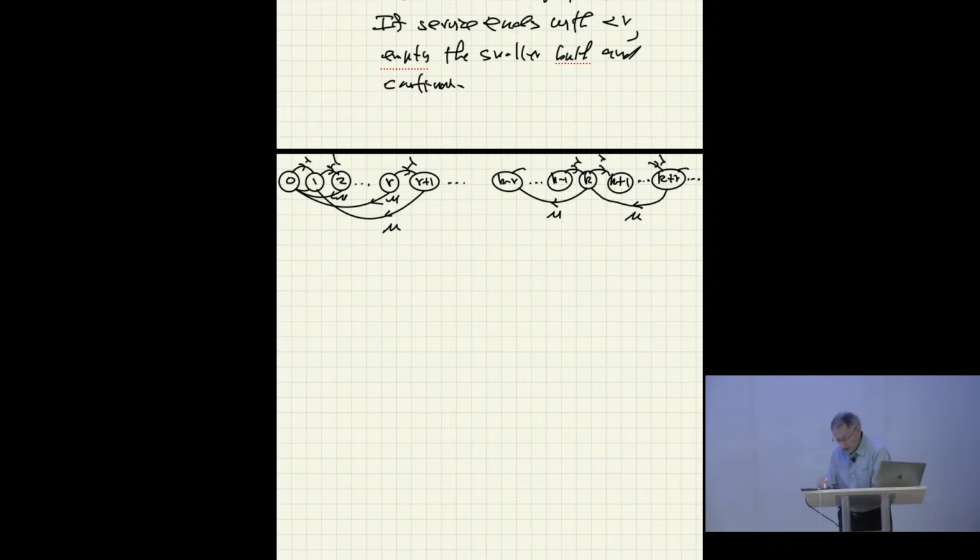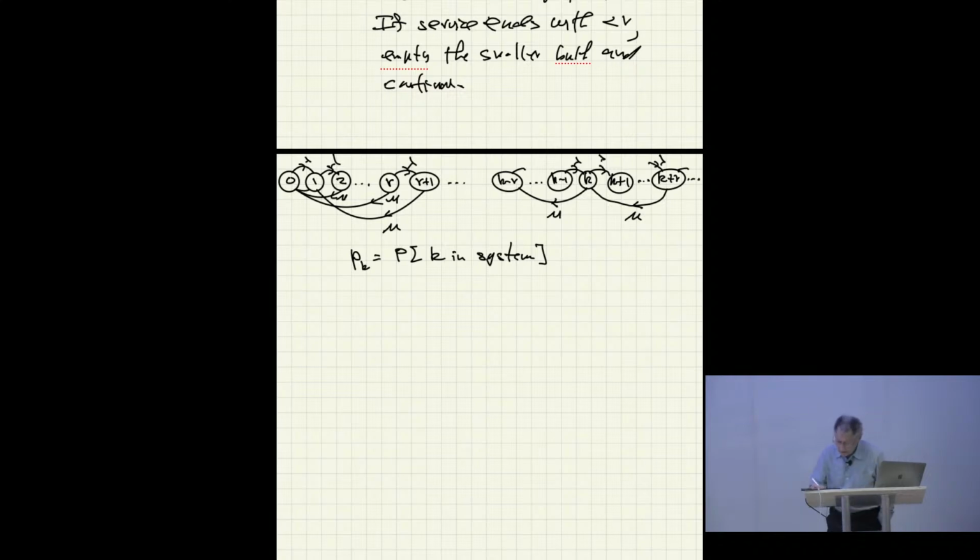Again, you've got to get this right because you're going to balance these equations. Okay. So now let's define once again what we want. We want p_k, the probability of k in the system in equilibrium. And by system, again, I always mean queue plus service. Okay?